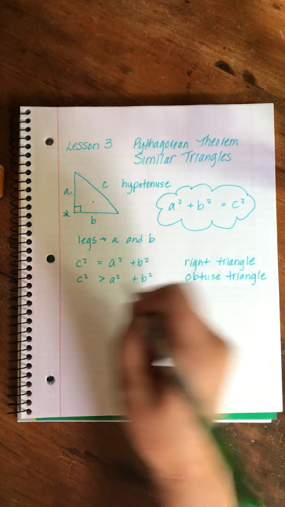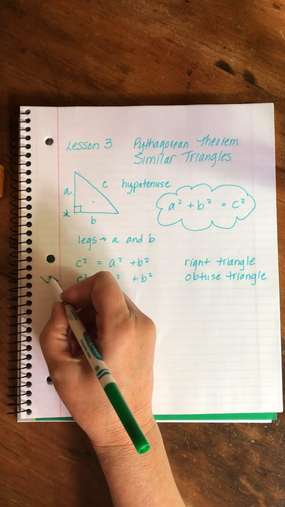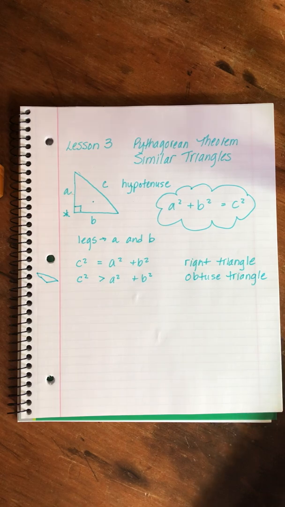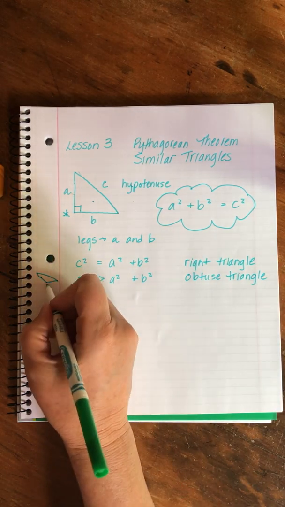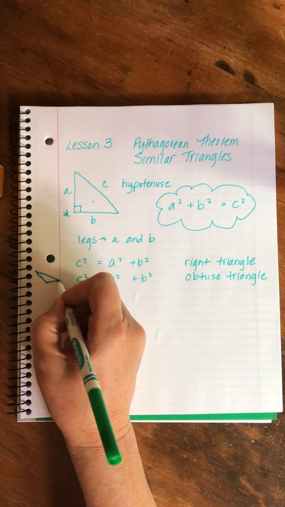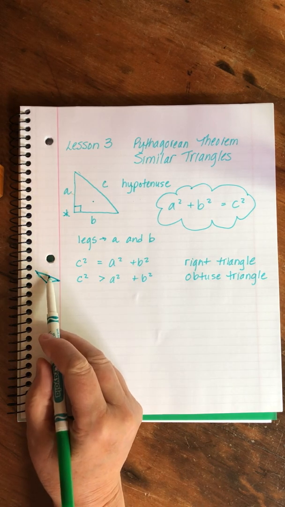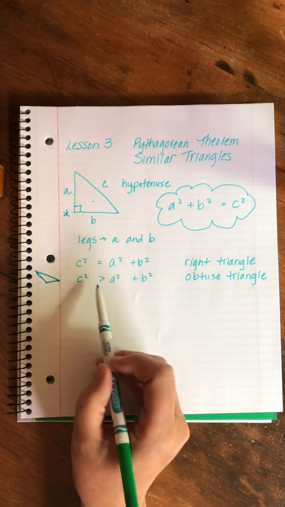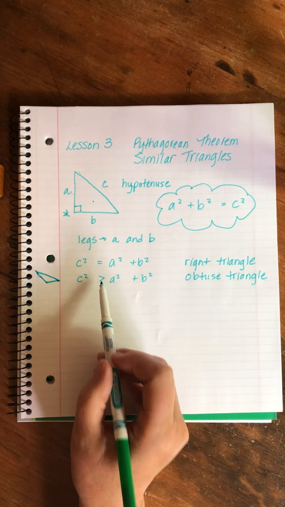Triangle, and remember that's where one of the angles is greater than 90 degrees. This is a picture of an obtuse triangle. It's a little sloppy. And that makes sense, doesn't it? Because we can see, okay, that long side is way longer than the two shorter sides. So it would make sense that this would be true.